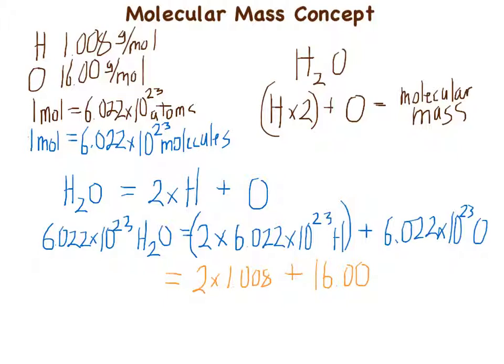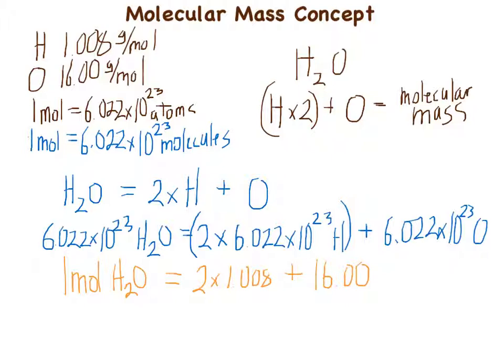And then, let's look at this. 6.022 times 10 to the 23rd molecules of water. Now we already said that the definition of 6.022 times 10 to the 23rd is 1 mole. So therefore we can just change that to 1 mole of H2O.